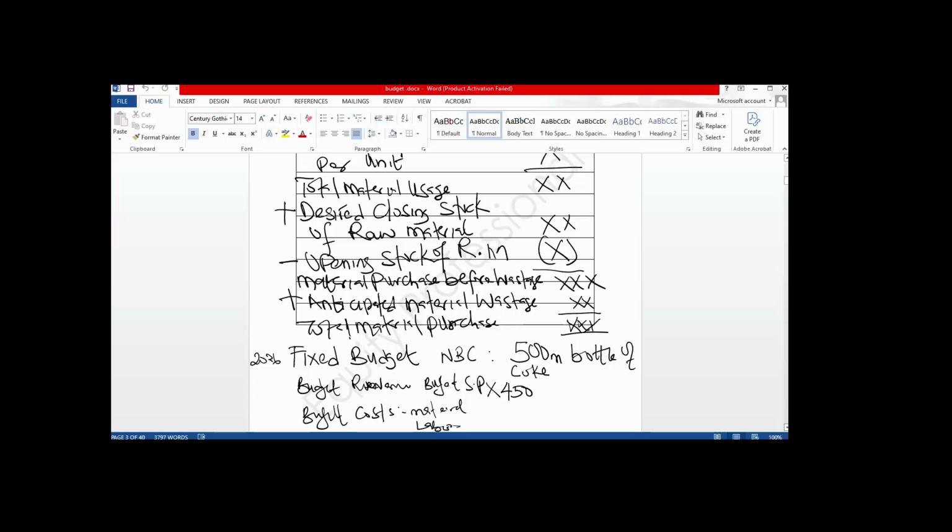The flex budget will be prepared at financial year end, when you have gotten the actual results. Your flex budget is based on actual production and sales.